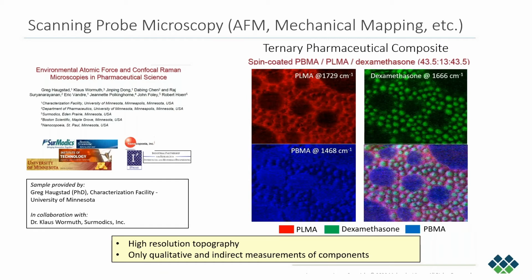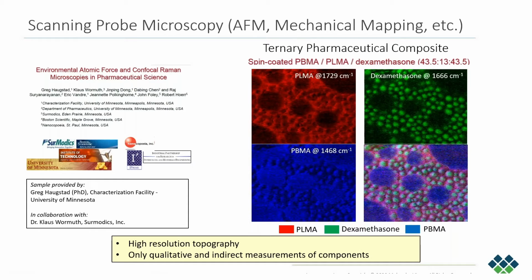We can see that PLMA at 1729 wave numbers and PBMA at 1468 show features very similar to the stiffness and adhesion. In addition, dexamethasone, obtained at 1666, occupies only the small islands that PBMA was highlighting.